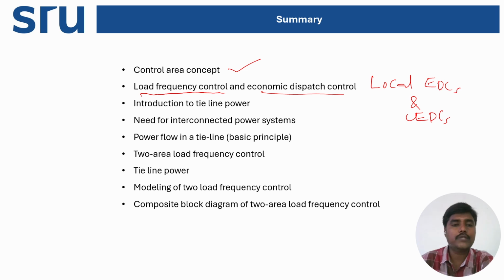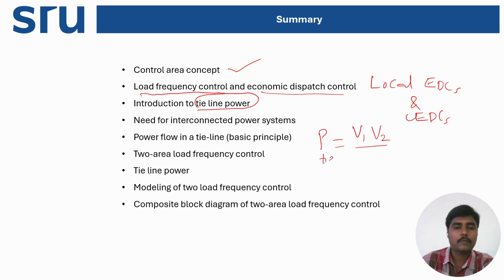We have introduced the concept of tie line and tie line power, where the tie line power can be expressed as P equal to V1 V2 by X12 into sine of delta 1 minus delta 2.